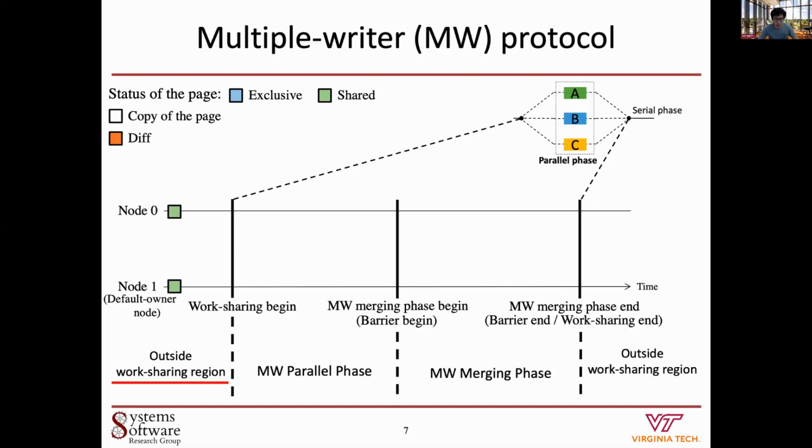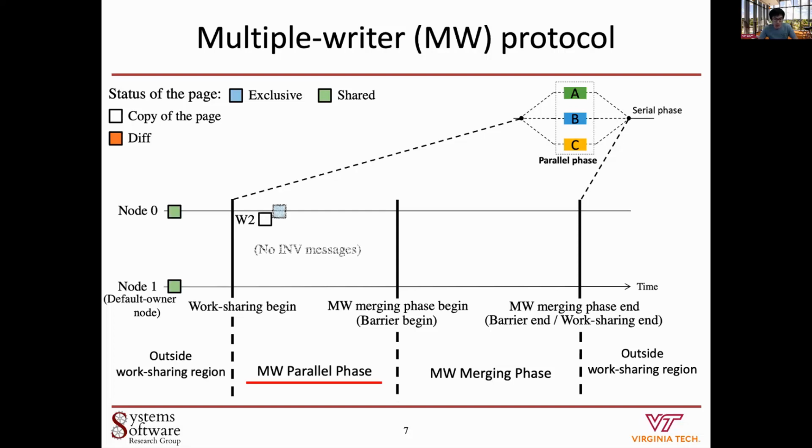Say node 0 issues W2, generating the write fault. In this example, since node 0 is not the default owner node, it makes a copy of the page and changes the permission to be exclusive without cross-node coherency. W2 and the following writes, such as W5, will not incur page faults for the duration of the MW parallel phase.